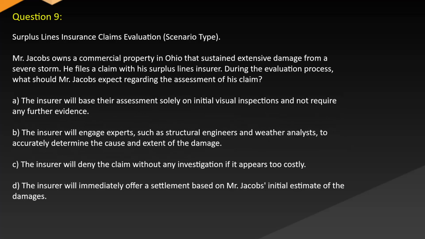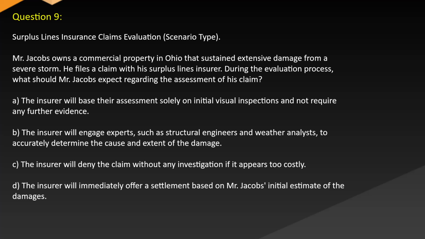Question 9. Surplus lines insurance claims evaluation, scenario type. Mr. Jacobs owns a commercial property in Ohio that sustained extensive damage from a severe storm. He files a claim with his surplus lines insurer. During the evaluation process, what should Mr. Jacobs expect regarding the assessment of his claim? A. The insurer will base their assessment solely on initial visual inspections and not require any further evidence.